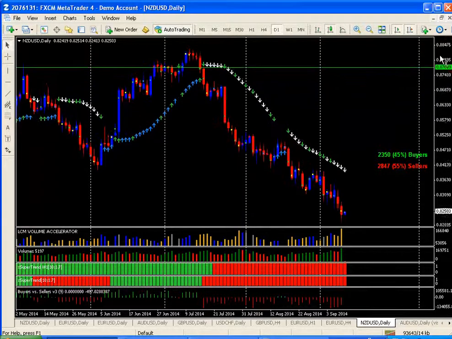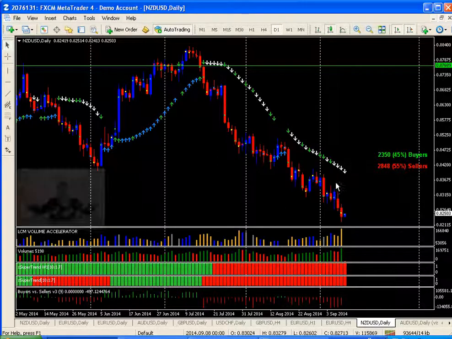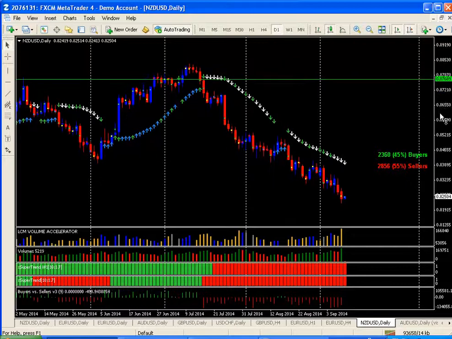We know where selling is going to enter the market when our arrow is below the bar, and we know where buying is going to enter the market by our arrows above the bar. But since we can't see where any new selling will come into the market here, what we can do is drop down to the 4-hour.